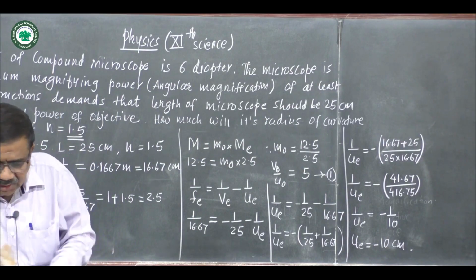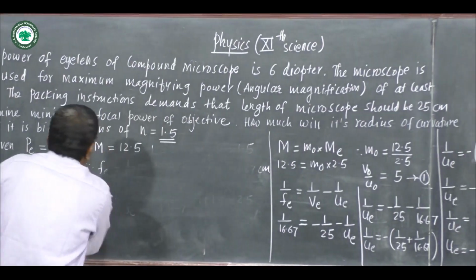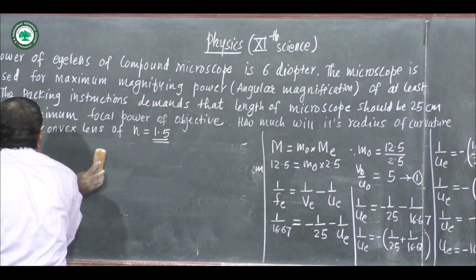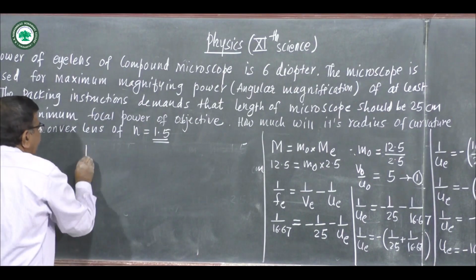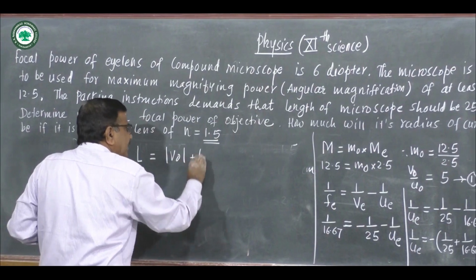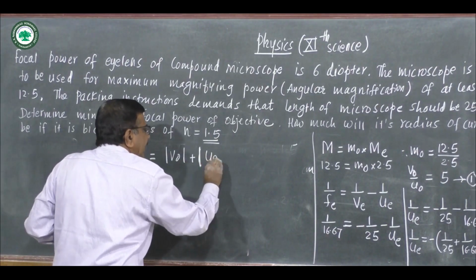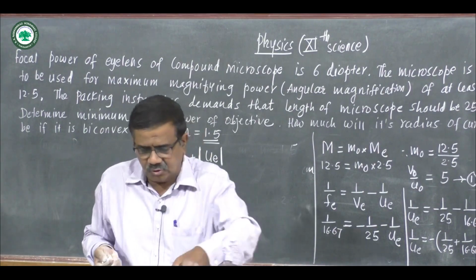Now we know the length of the compound microscope, L, is equal to VO plus the magnitude of UE. That is the length of the compound microscope.